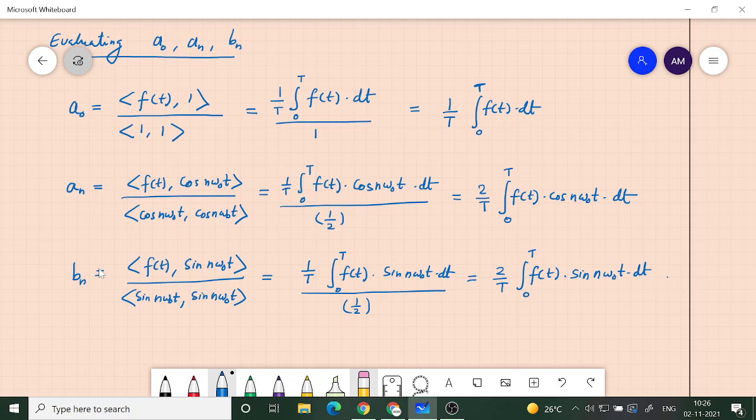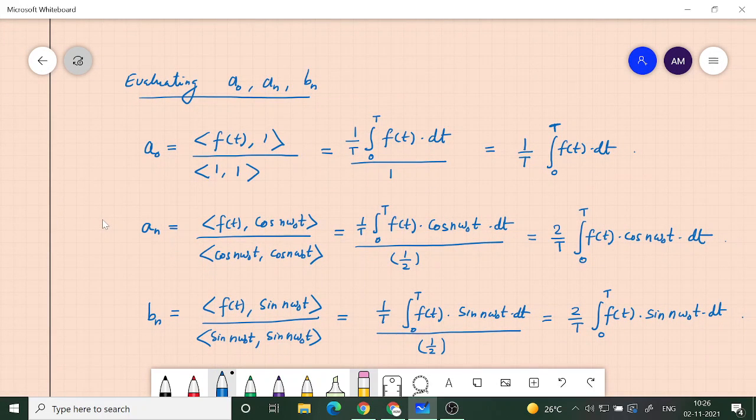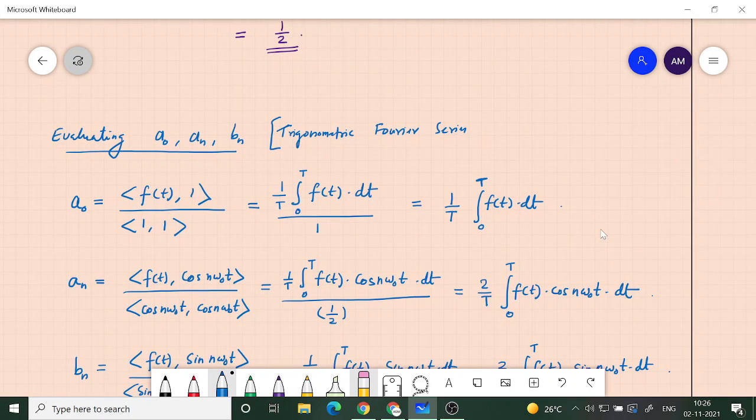So these are the Fourier series expansion constants. These are also called the trigonometric Fourier series expansion coefficients.